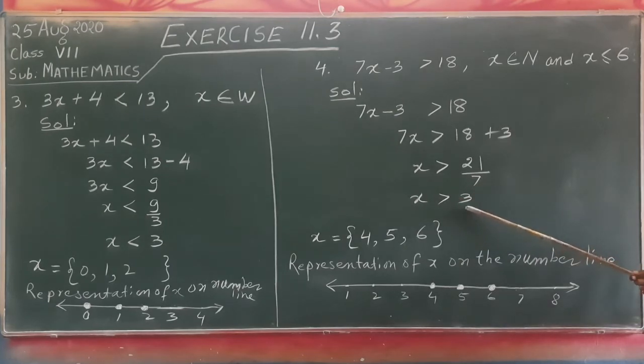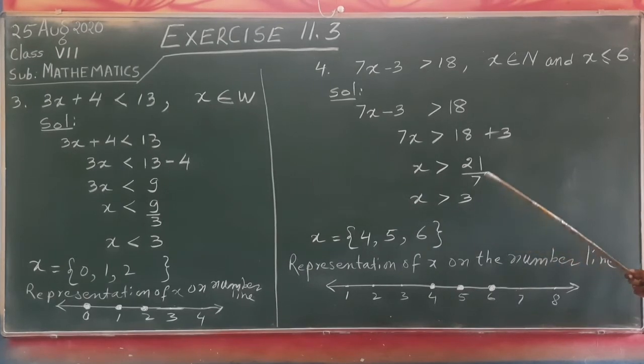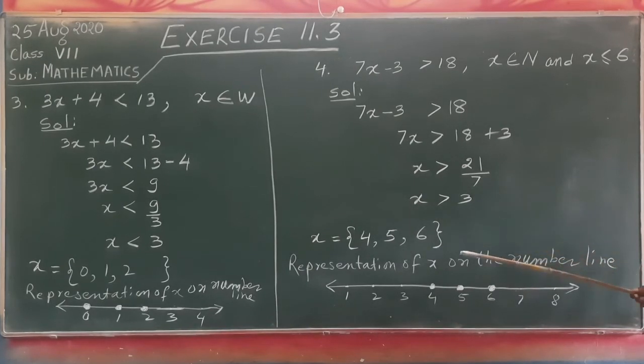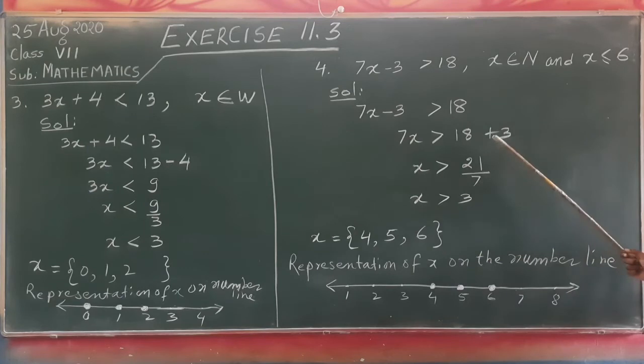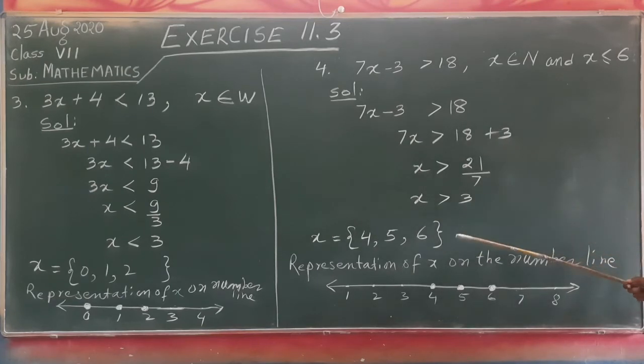Now x is greater than 3, and remember at the top right in the question, x is less than or equal to 6 is there. So in the solution set, can you see, x is equal to 4, 5, 6.